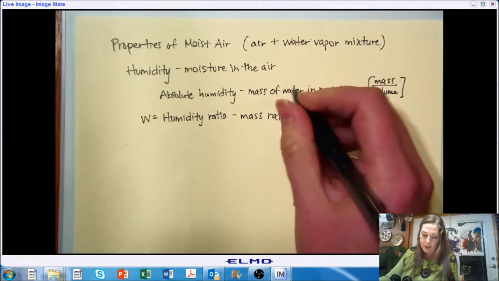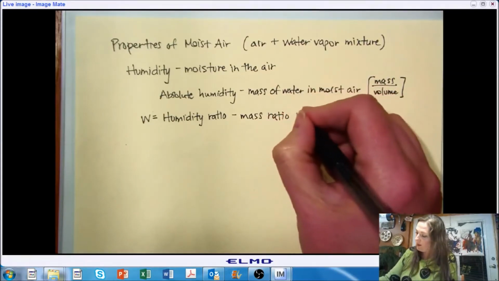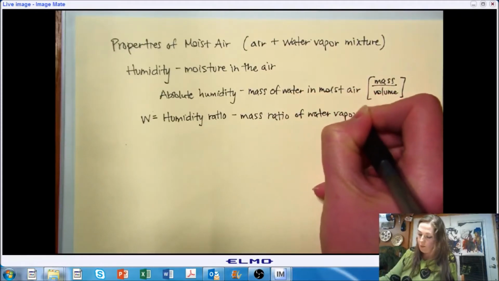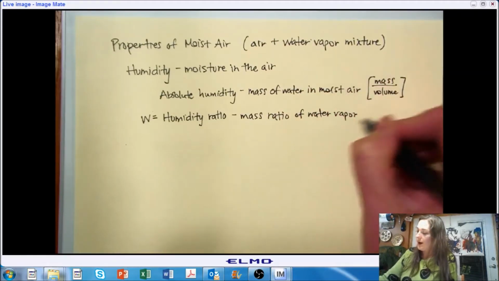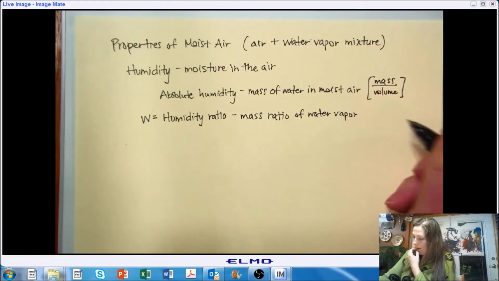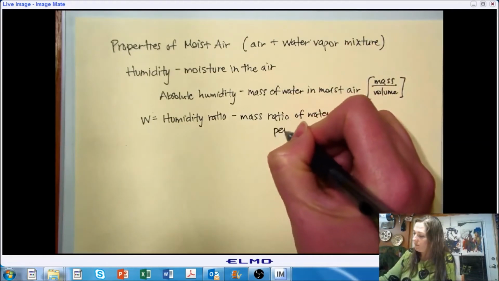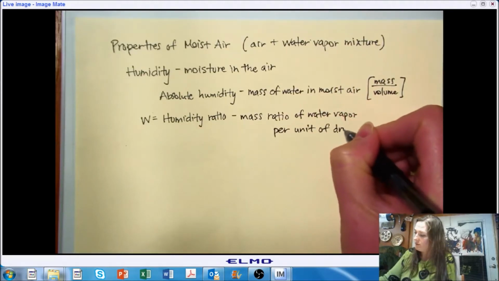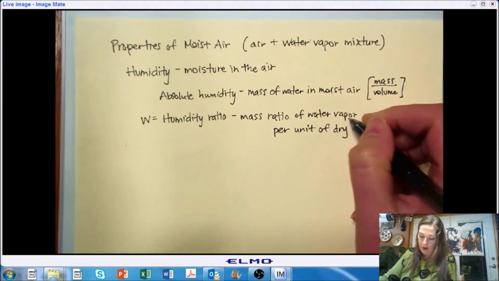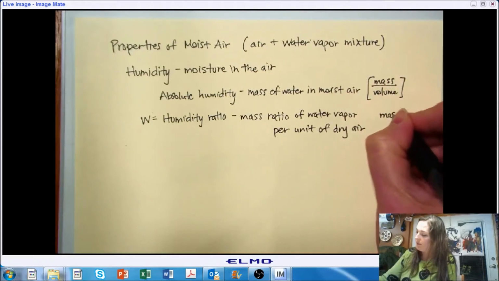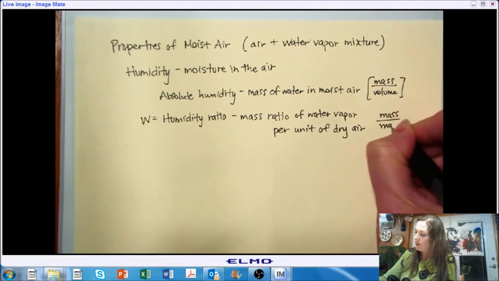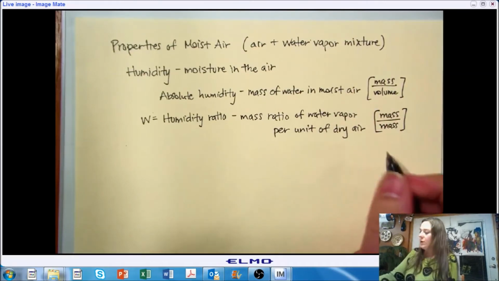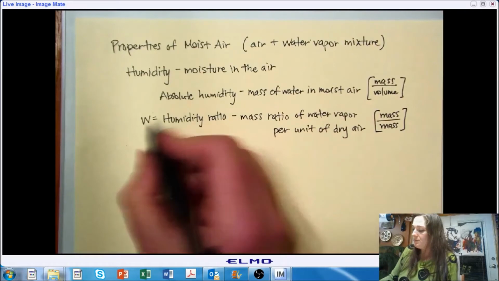It's a mass ratio of water vapor per unit of dry air. And it is represented by a mass over a mass. So a mass of vapor divided by a mass of dry air.